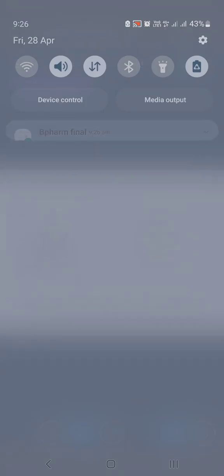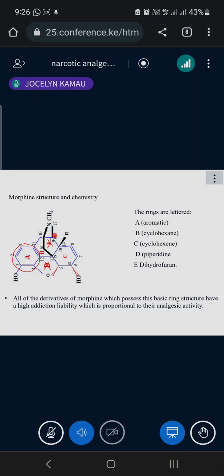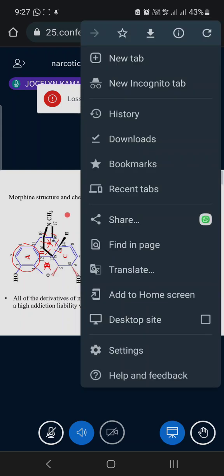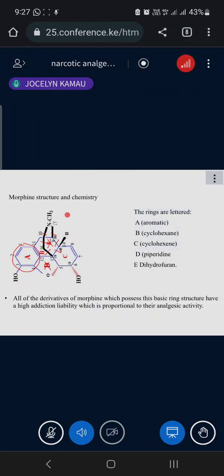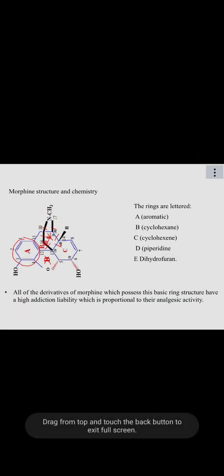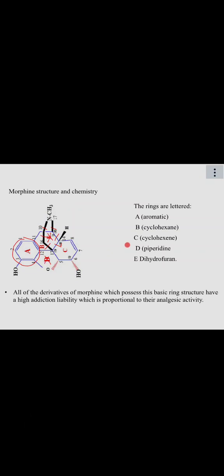So it's a 6-membered ring, and then it has a nitrogen. So from what we have studied before, you can understand that's a piperidine ring. So you have a cyclohexene ring, ring D, a piperidine ring, and a ring E, a dihydrofuran ring. So those are the 5 rings that make up the morphine.